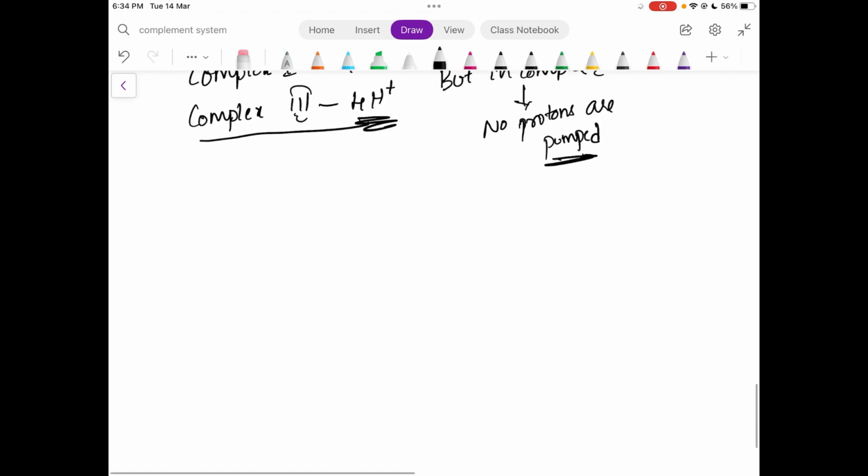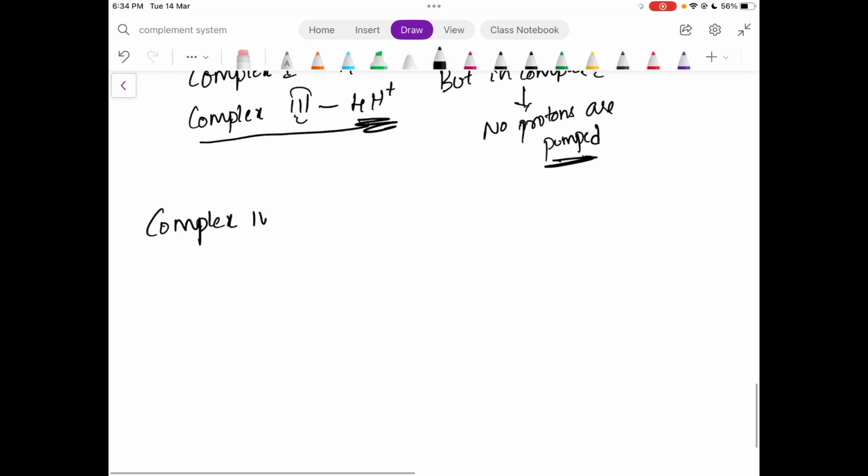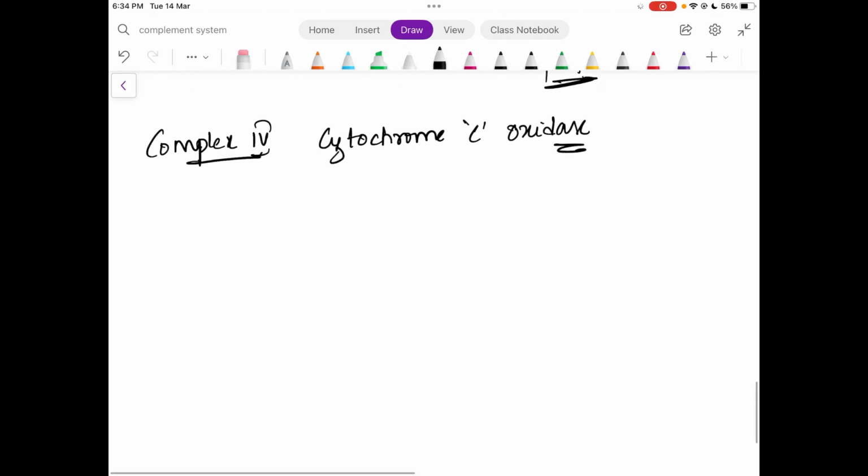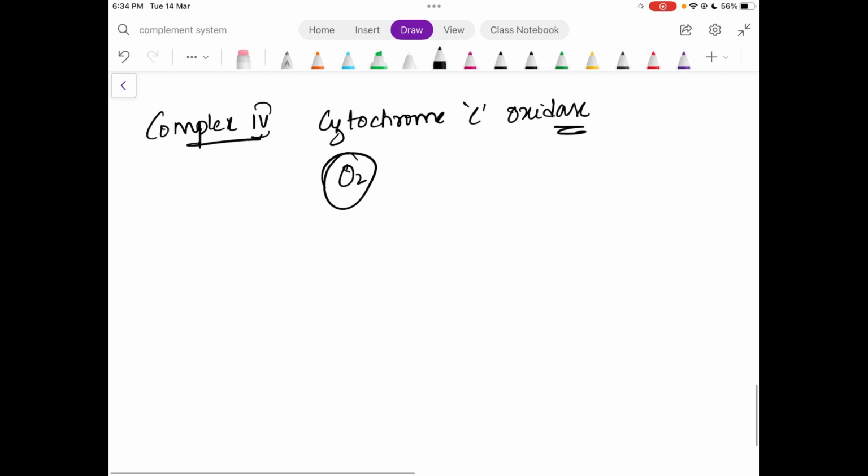Okay, next we'll discuss complex 4. This is cytochrome C oxidase. Okay, in this what will happen, electrons are transferred to the oxygen molecule.